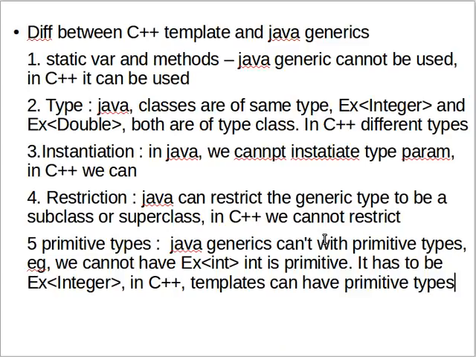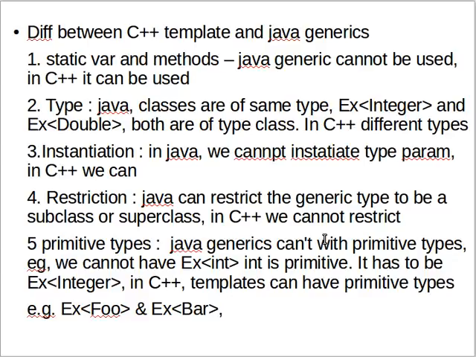So if you have a C++ class Example, and we have Example with Foo, and Example with Bar, then in this case they are two different classes.